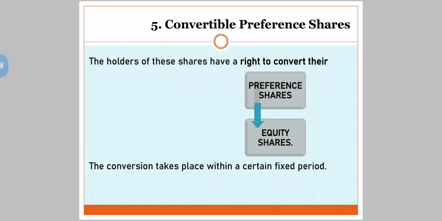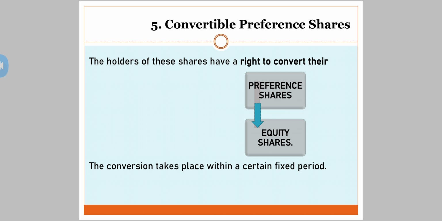Okay. Coming to the fifth one you have got is convertible preference shares. Convertible, the word itself says you can convert. The holder of these shares has a right to convert their preference shares into equity shares. The conversion takes place within a certain fixed period. Let's say the company issued preference shares in this particular year and says these are convertible preference shares.